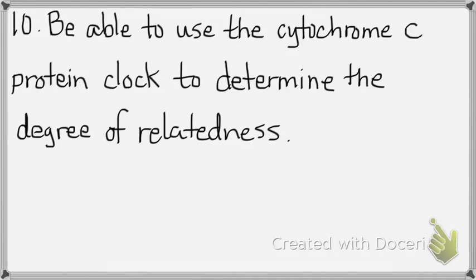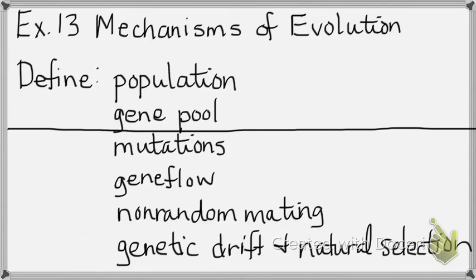We did it as a class. We even did some clicker questions with this chart. Seems like you did pretty well on it, but be able to use this chart on the lab test. Everybody's okay on that? Does everybody have that chart? Yes? Okay.